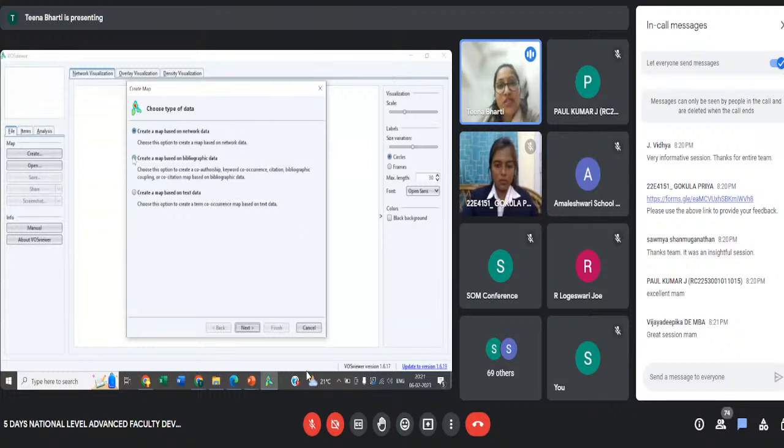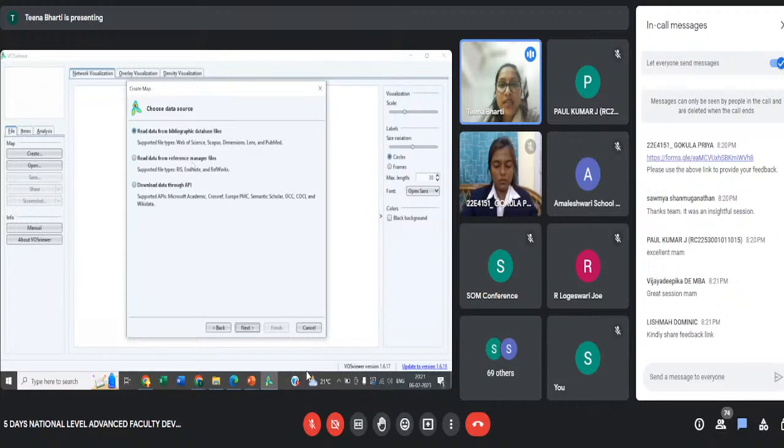So as I mentioned, bibliographic data can take Web of Science, Scopus, Lens, PubMed, or any data which is in the format of EndNote, RefWorks, RIS, etc. All these are different types of formats based on which VOSviewer will work. So let's say because I have Scopus data, I'll select read data from bibliographic database.